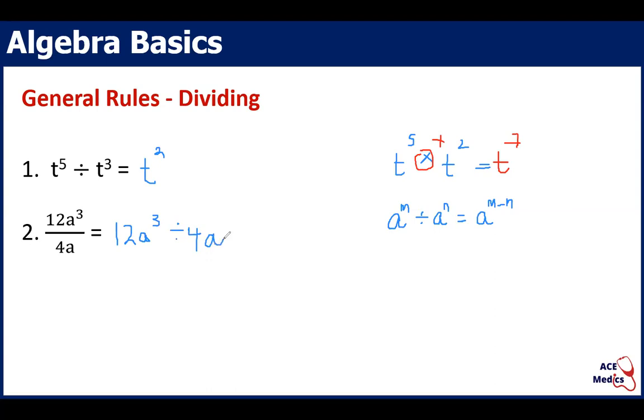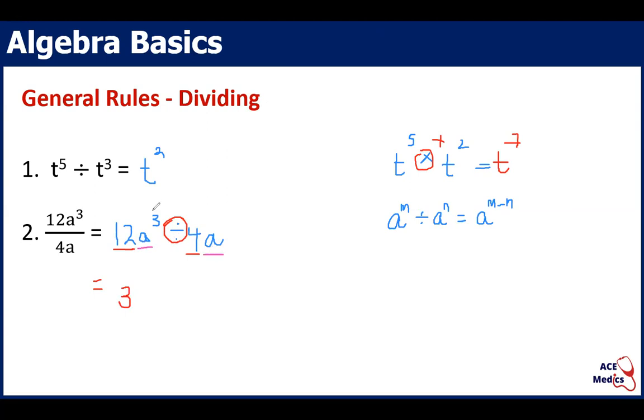Now again, this is very similar to our multiplication. The most important thing to remember is to look at that sign, because if that's a multiplication sign, you're going to do the opposite, aren't you? So we need to look at that really carefully. So firstly, we want to do our numbers. So 12 divided by 4, which is 3. We then want to look at our letters.